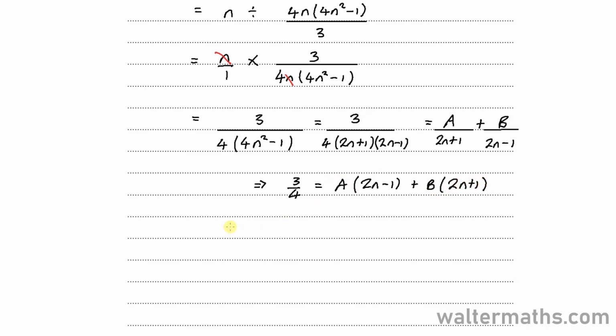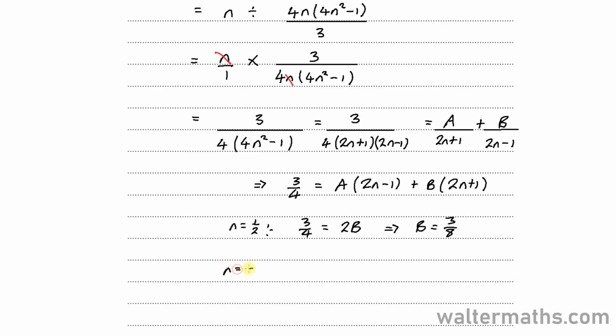And here, if n is equal to a half, then on the left side we'll be having 3/4, and on the right side, substituting a half for n on this part, we will get 0. But if we substitute a half for n on this part, then we are going to get 2B. So here B will come out as 3/8.